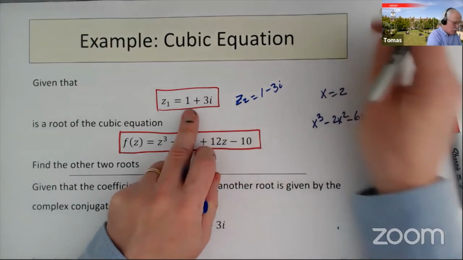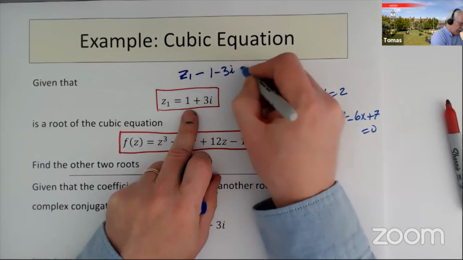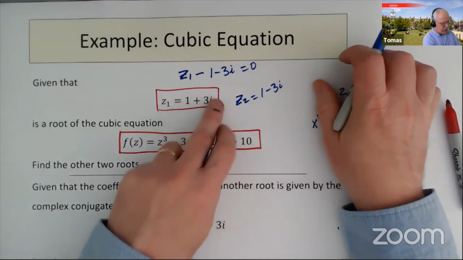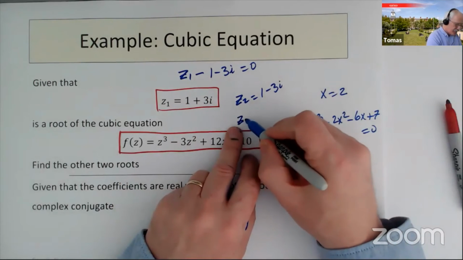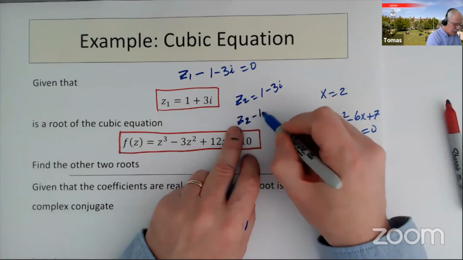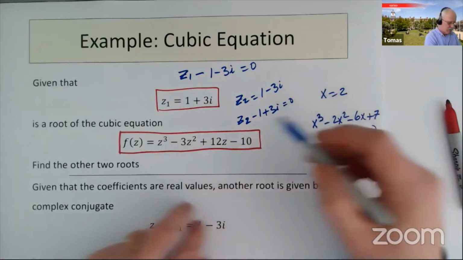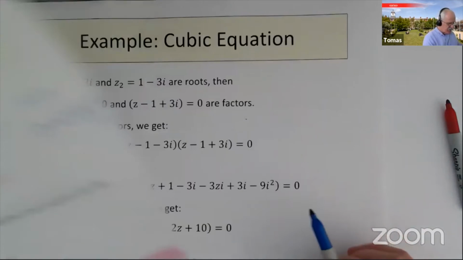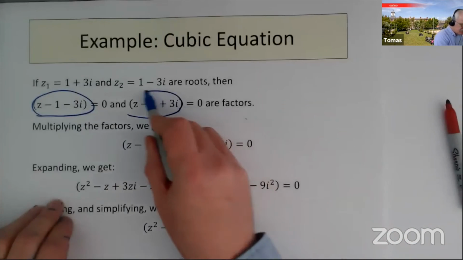If you know one root, you know that z1 minus 1 minus 3i equals 0, by just bringing it to the other side, is a factor. You know that z2 minus 1 plus 3i is another factor. So you know two of the factors. So now we can say this must be a factor and this must be a factor.